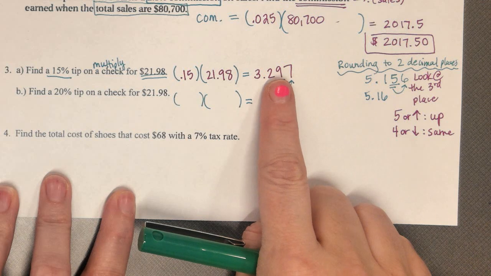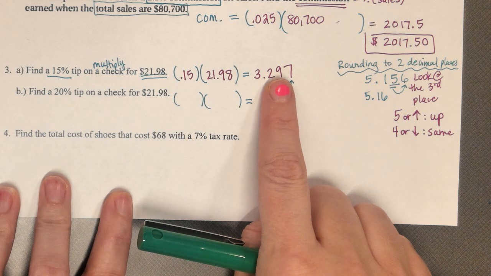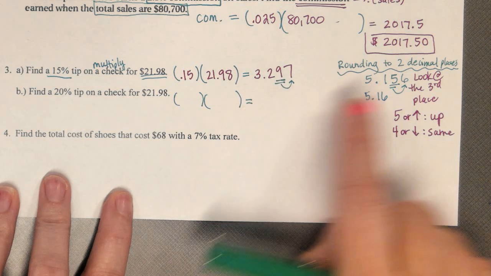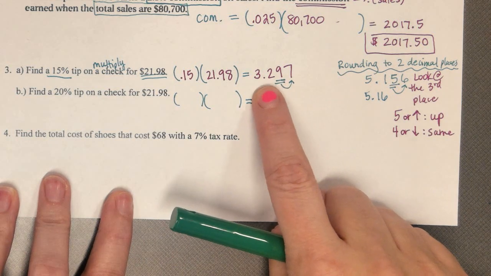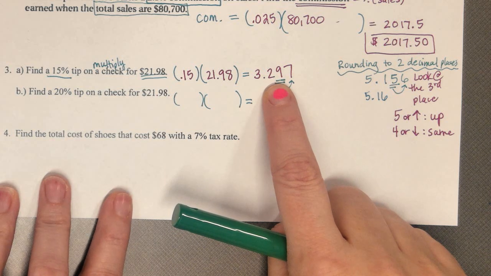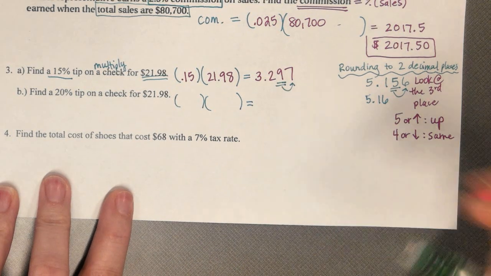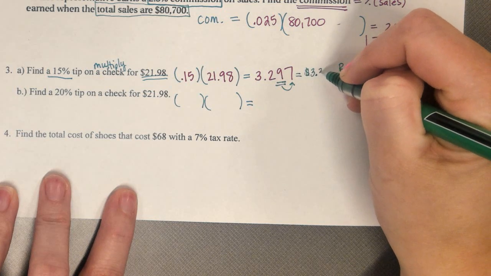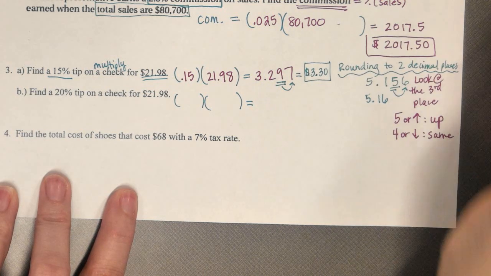Round it up. Now, well, yeah, so the nines are tricky, right? Because the 9 rounds up to 10. So what you can do is look at this number as a whole. See how this is 29? 30. Yeah, there's just one more. Good. So your final answer is $3.30.